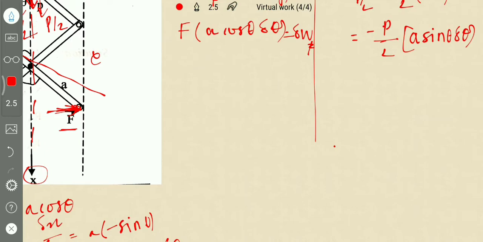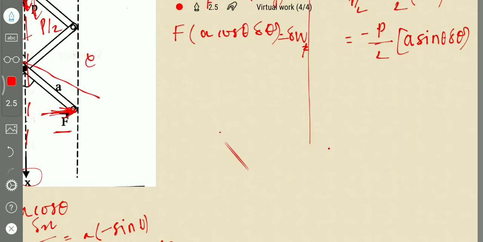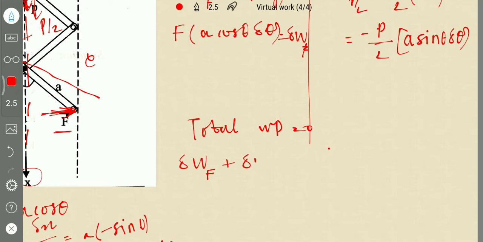So by the virtual work method, the total work done should be equal to 0. The work done by force F and work done by force P by 2 should be equal to 0.